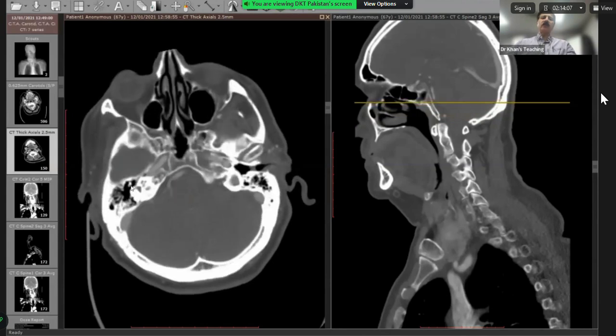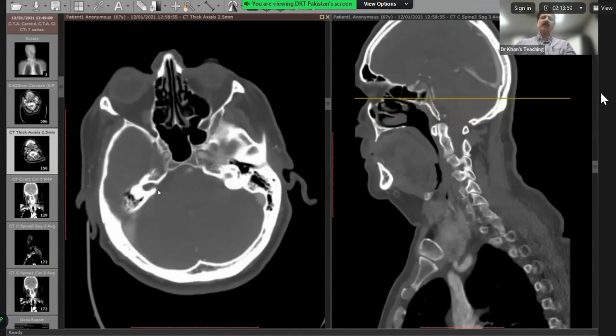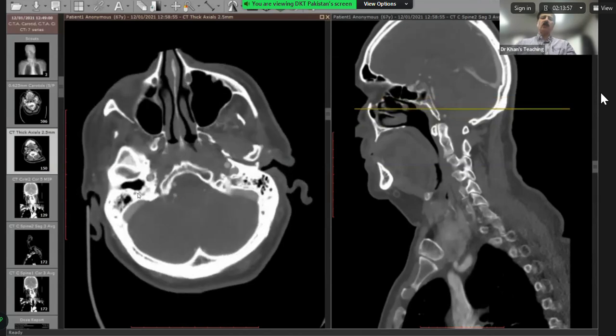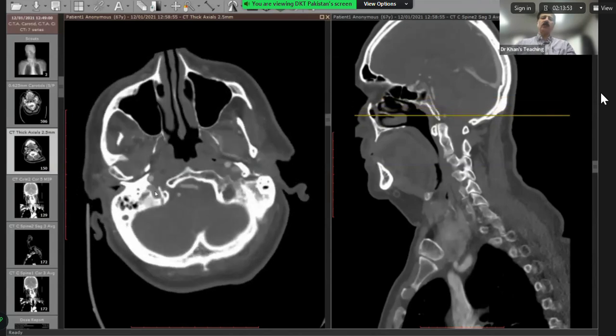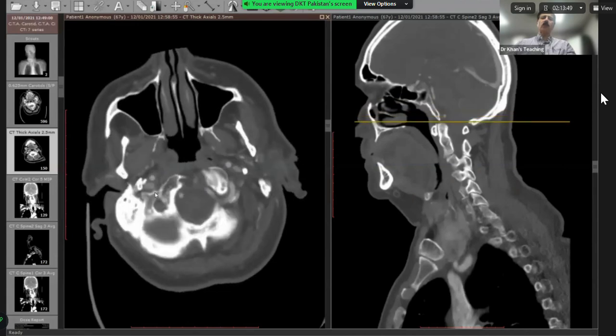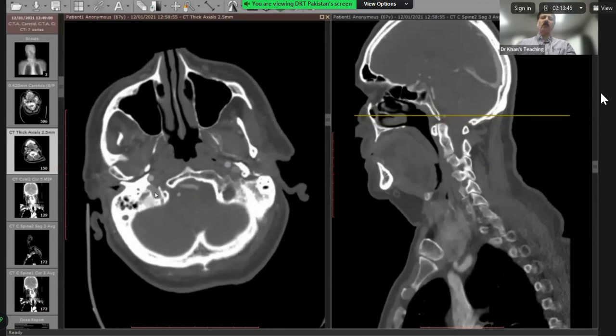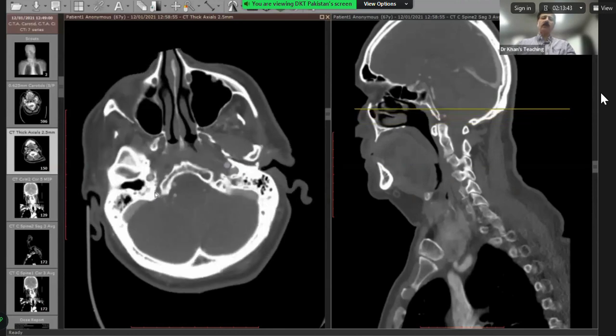If you see here, you can see that this is the head of the malleus and incus, and this is the internal auditory canal. So I am going inferiorly, and now you don't see it. And then you see the jugular foramen. Key point to remember that it makes the floor. But as a normal variant, at times it can be what we call a high riding jugular foramen.